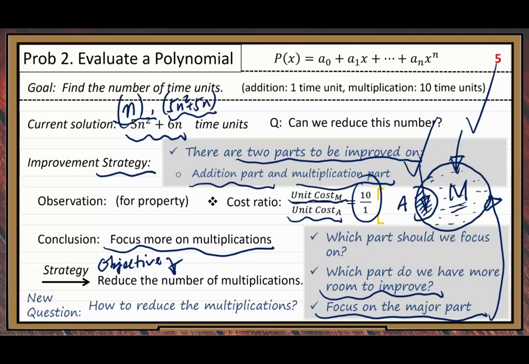We know which direction to go, reducing the number of multiplications, but the issue is we do not know how to do it. So we need to find the right way, a smart way, to do that multiplication reduction step.